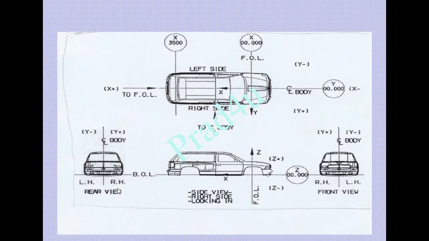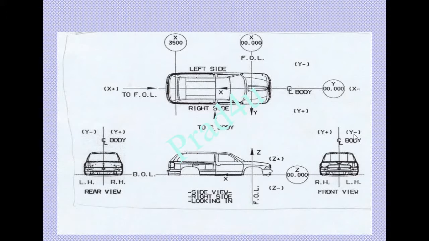This is the LH RH rear view. This is the rear view of a car. It is showing a central body bottom origin line. This is also the x direction, this is the z direction, z negative, z positive.